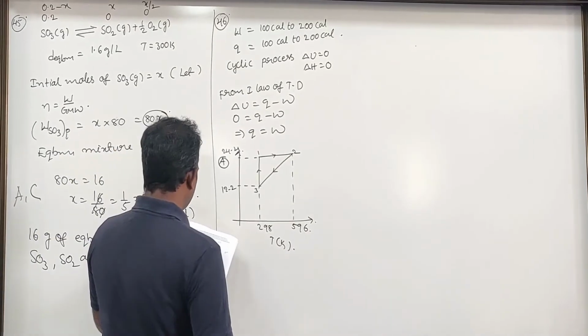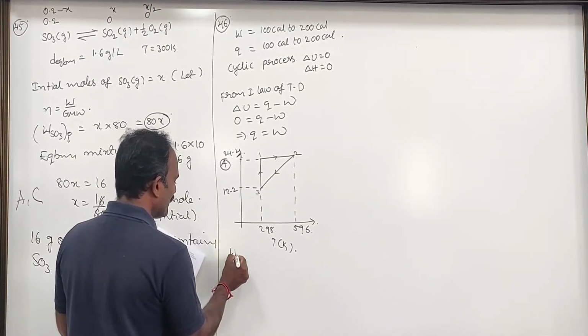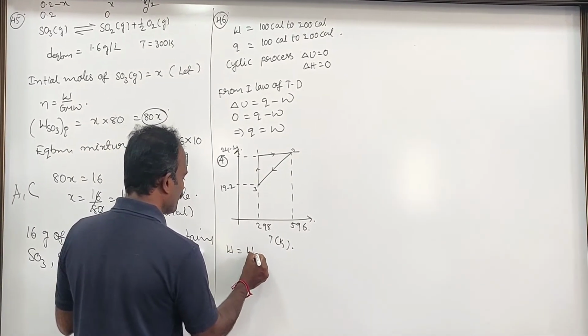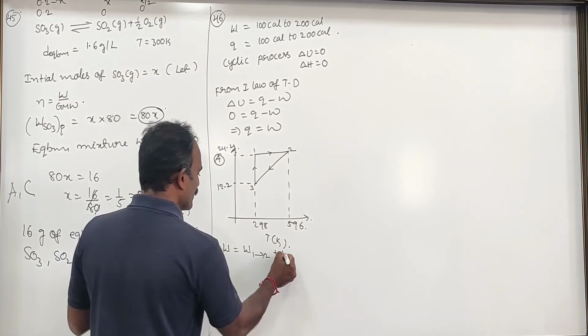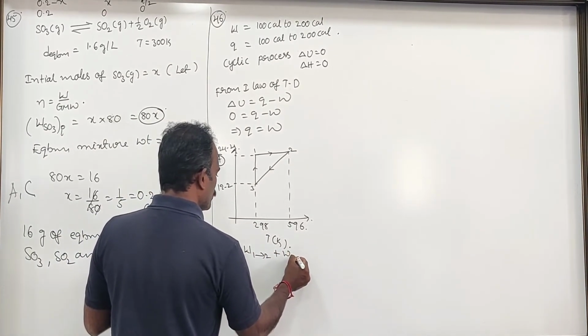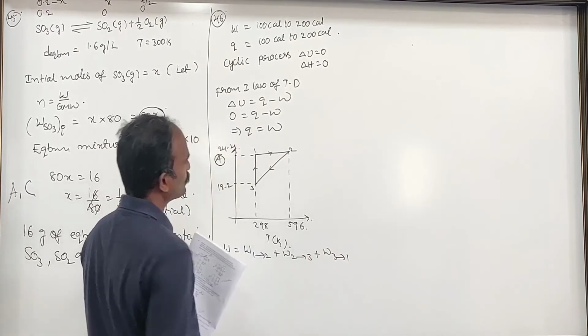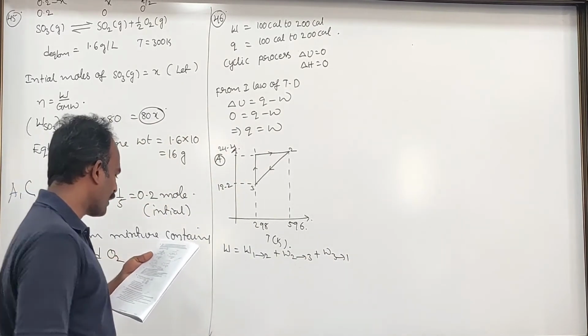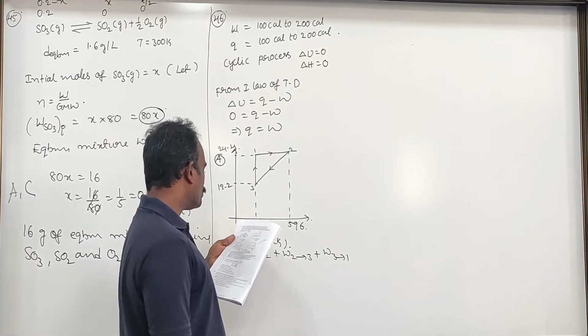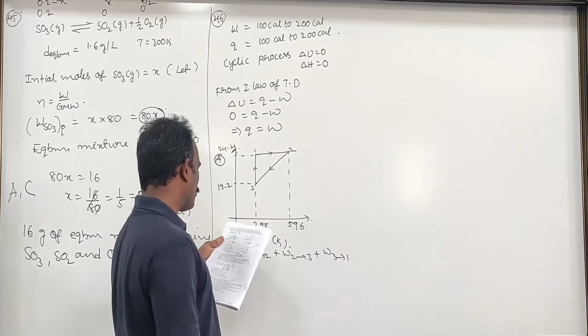Now we will see the work done. Total work done is equal to work done from 1 to 2 plus work done from 2 to 3 plus work done from 3 to 1. Work done from 1 to 2.